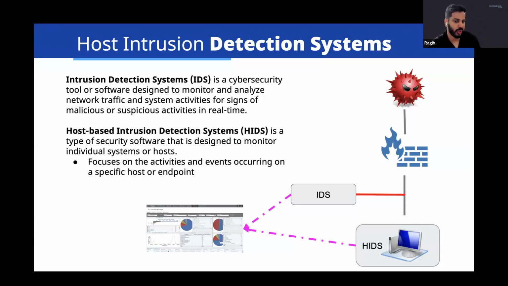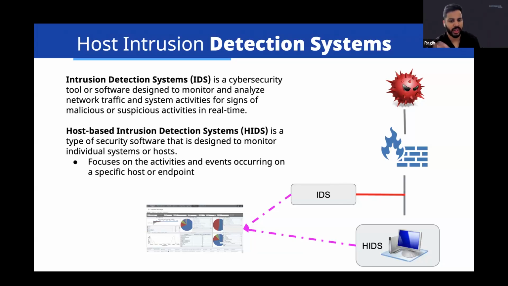There are two types. There's regular IDS, which watches your entire network traffic, like having security cameras monitoring all the hallways, right? But there's another one called a host-based IDS, or HIDS. It's more personal. It's like having a bodyguard assigned to each individual computer or server, right? So that's basically the difference. You can see the diagram of how IDS and HIDS work. HIDS is protecting the system, and IDS is protecting the network, right?